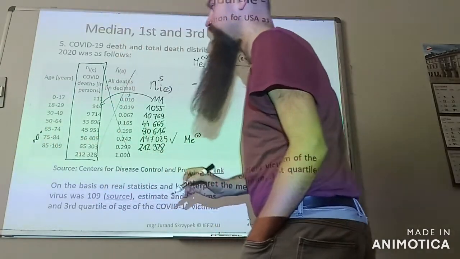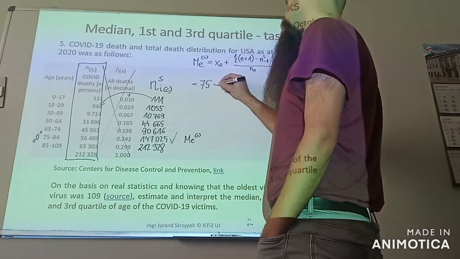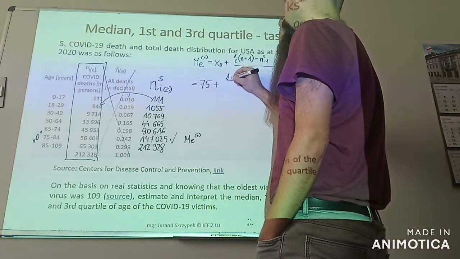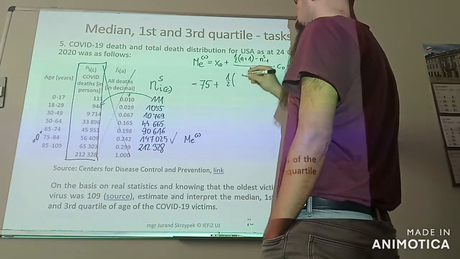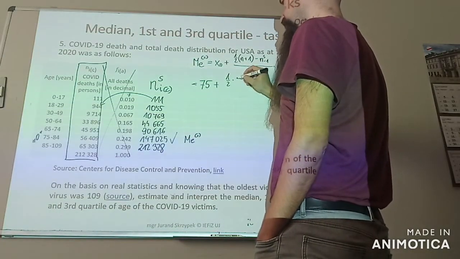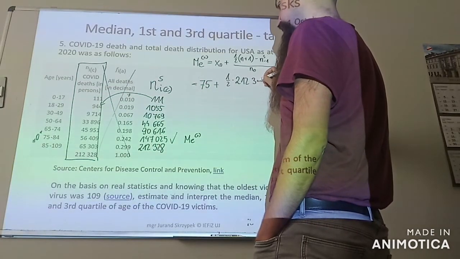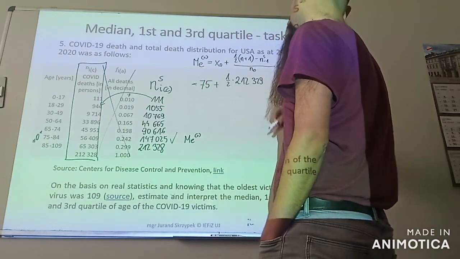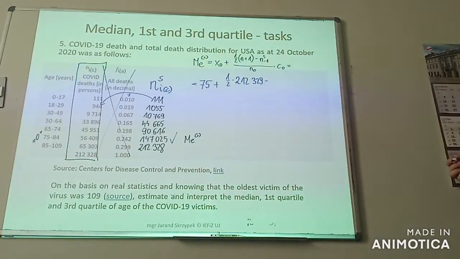Yes, this is our zero level. 75 plus a half multiplied by the population size plus 1. Population size plus 1 is the following number. And we subtract what?